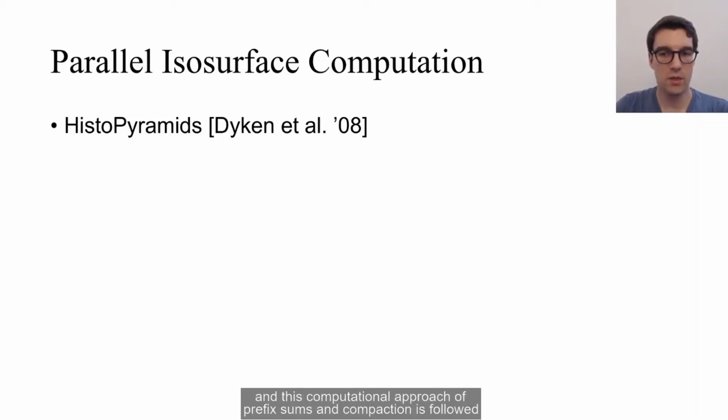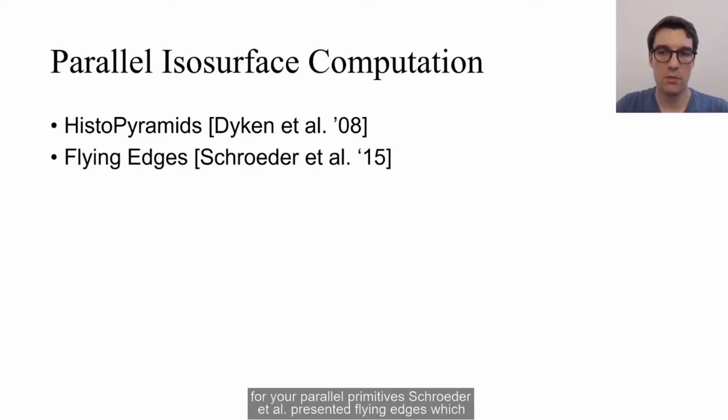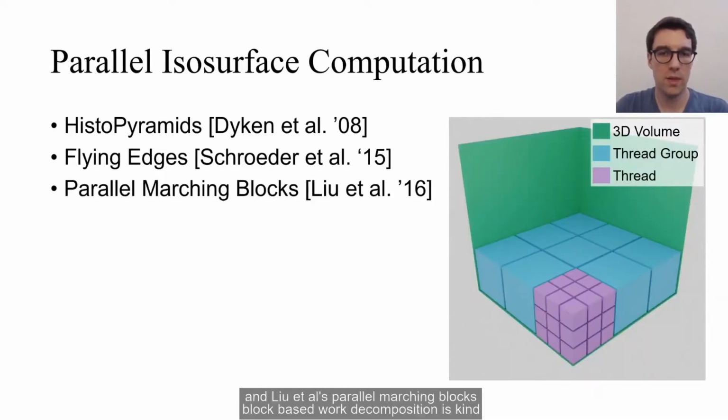This computational approach of prefix sums and compaction is followed by most existing methods today, though of course today you would now use CUDA for the kernels and something like Thrust or VTK-m for your parallel primitives. Schroeder et al. presented flying edges, which processes the edges in parallel to efficiently output an indexed triangle mesh instead of a triangle soup.